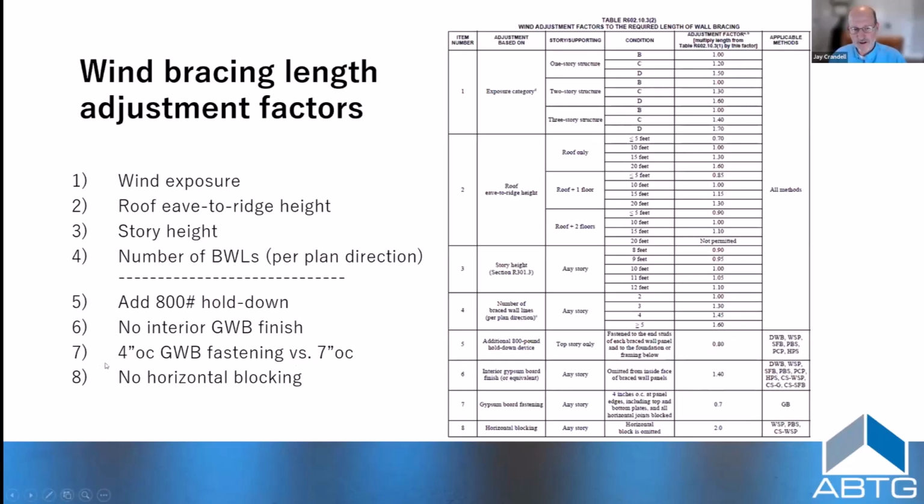There's also the benefit of using gypsum as a bracing method itself. If you increase the fastening from a minimum 7-inch on center spacing for the basic gypsum bracing method to 4 inches on center, then you can get a little more capacity out of your interior braced wall lines with just gypsum. This can be very beneficial.